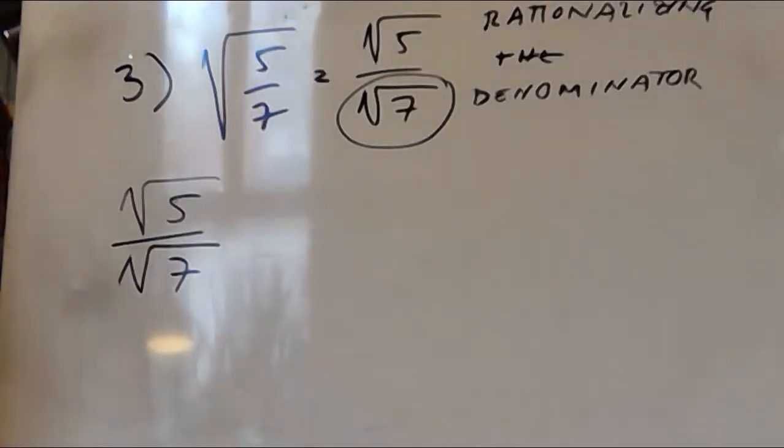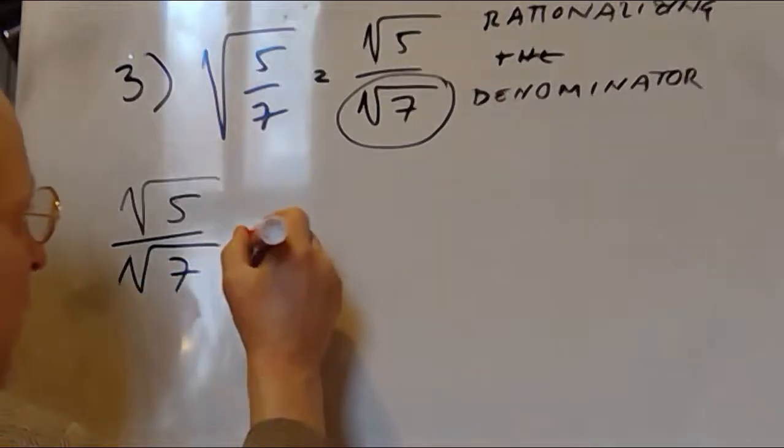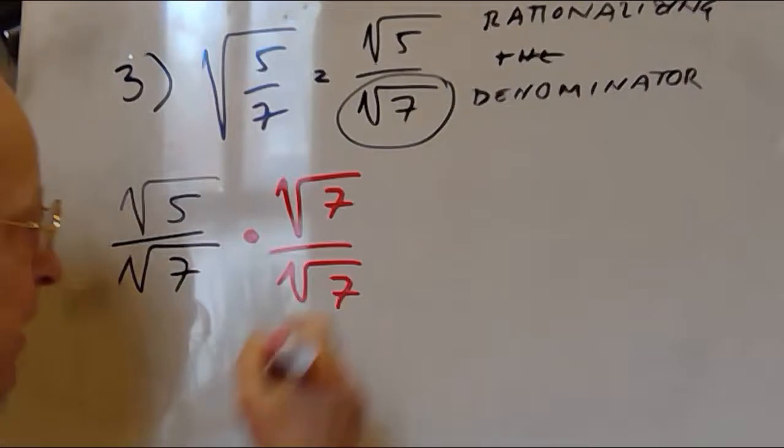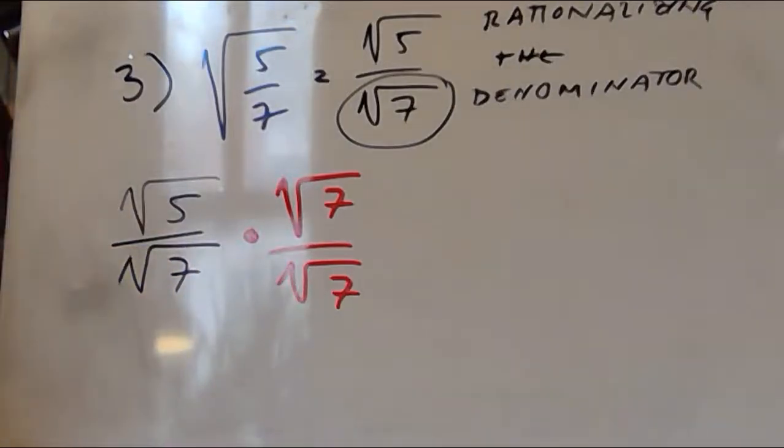And so I'm going to look at that square root of 7 because essentially, when we have the same thing over the same thing, it's really equal to 1. So this is kind of a tricky trick.